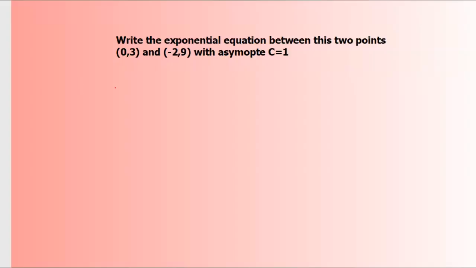Here we have been given 2 points, and the asymptote to be 1, which is c, and they want us to write the model. We have to write the standard exponential function, y equals a b to the power x plus c.